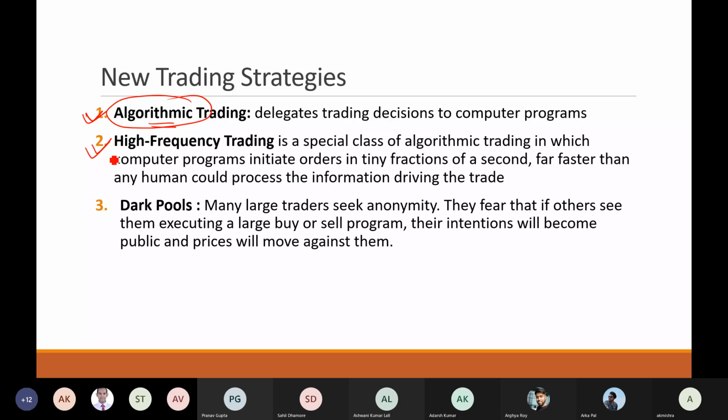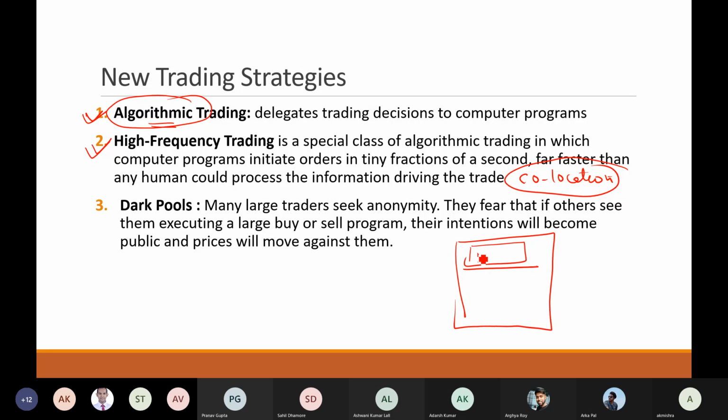Another concept that you will come across is high frequency trading, which basically means trading in terms of speed. And there is a term we call co-location. What is co-location? Suppose this is your NSE building, and here you have one floor with the NSE exchange.